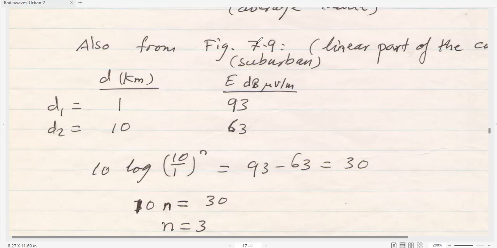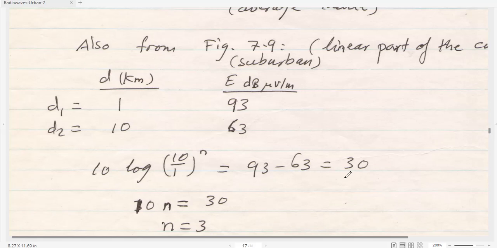Now, similar to the reasoning we have already used, 10 log of distance 10 over 1 to the power n equals 93 minus 63. Here we reverse the order because we are speaking about electric field, not loss.